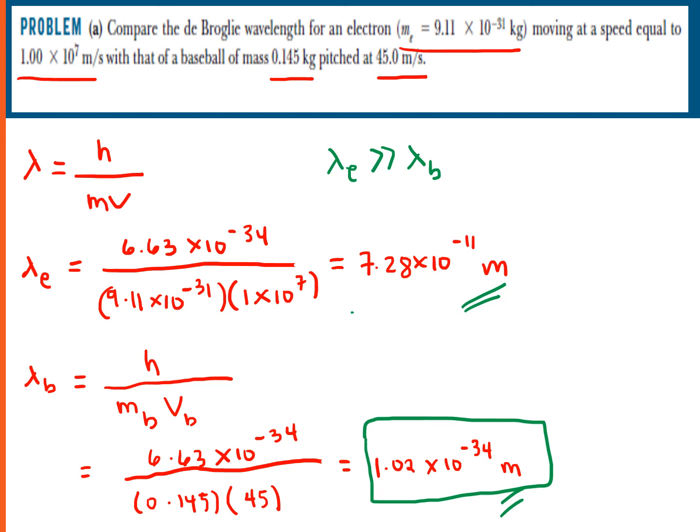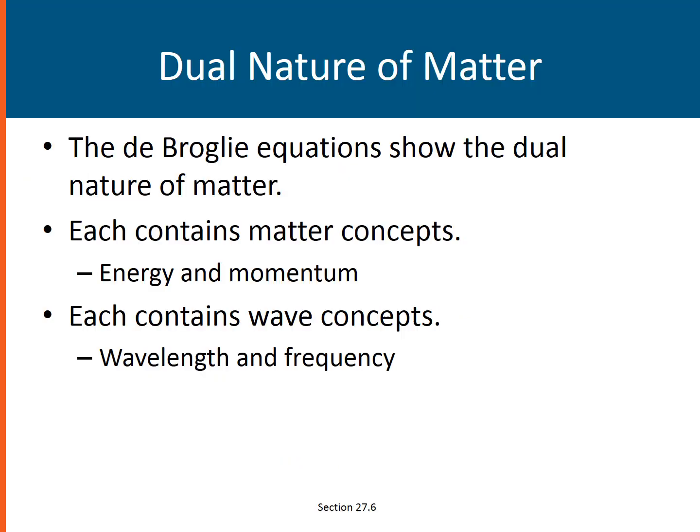However, an electron having a de Broglie wavelength of 7.28 times 10 to the power of negative 11 means that it is more likely that we could observe the electron behave as a wave rather than the baseball. So the greater the de Broglie wavelength, the more likely it is that we could observe that particular matter behave as a wave.